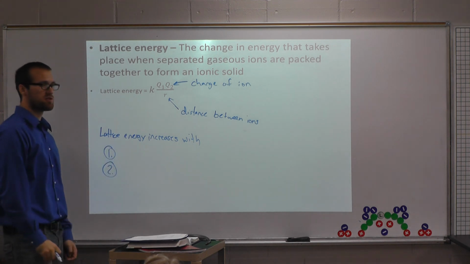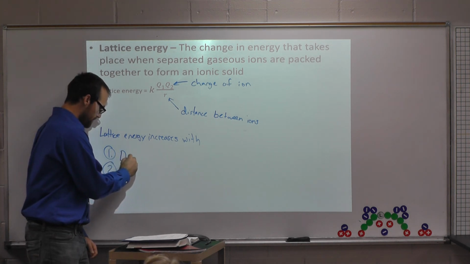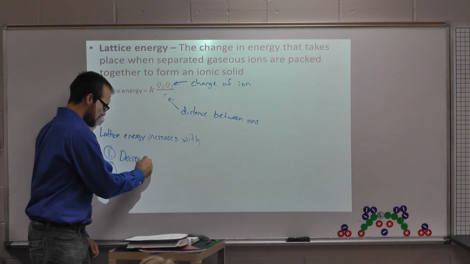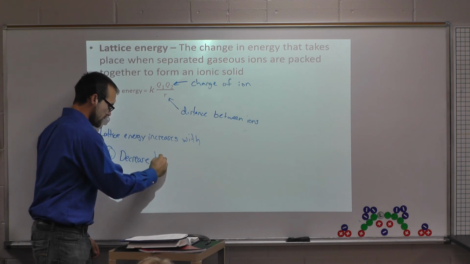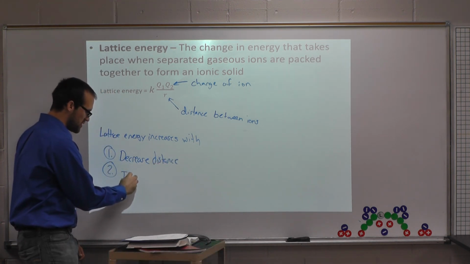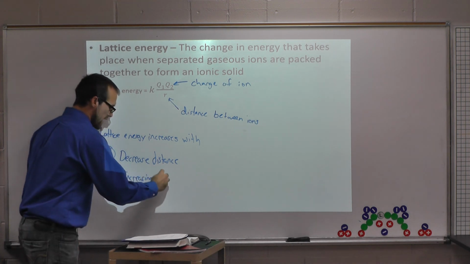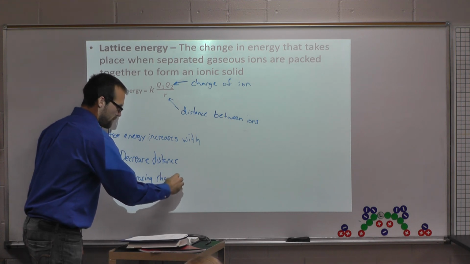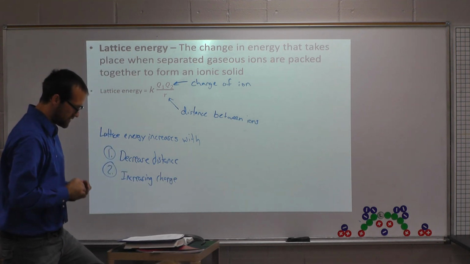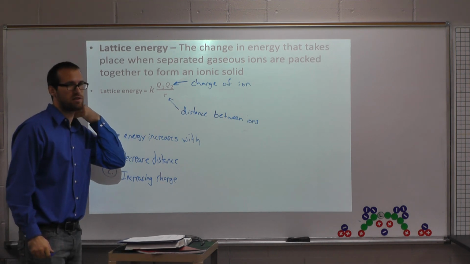Any idea what those situations are, looking at the equation? Decreasing distance and increasing charge. What's the K? Constant? Yeah, it's a constant. Does it not have it up there? My guess is it will be a constant that they will give you for the specific situation.